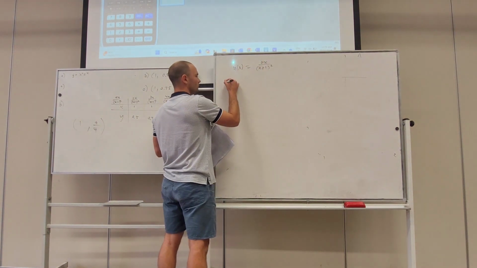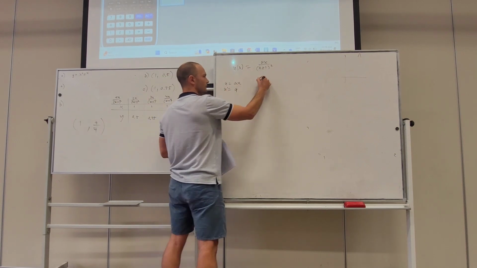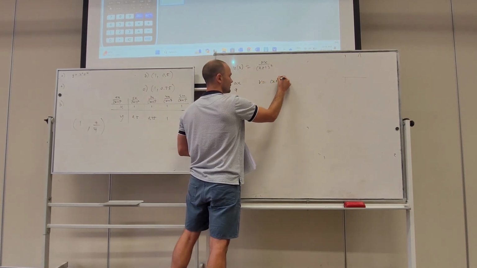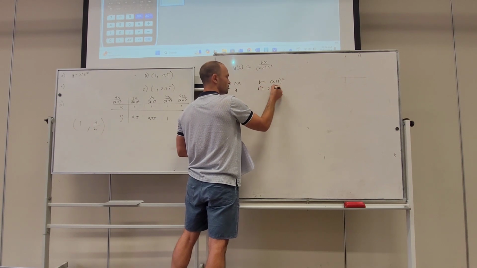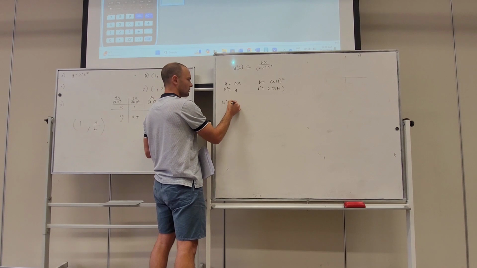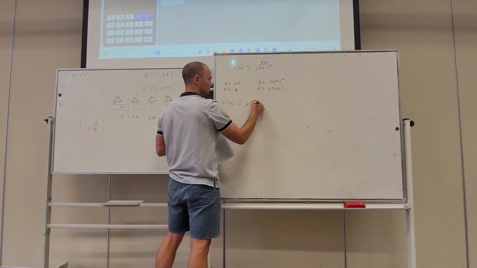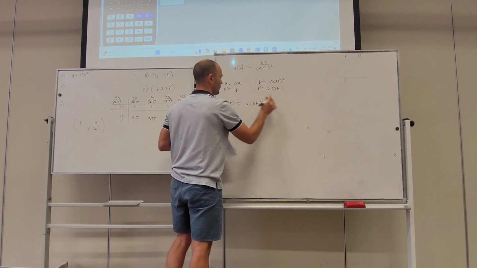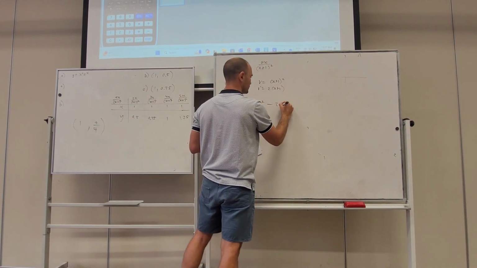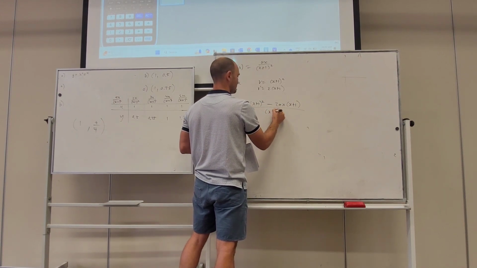So I've got u dash, v dash, this is just chain rule. Smash it together. So quotient rule now, u dash v, take away u v dash, all on top of v squared.